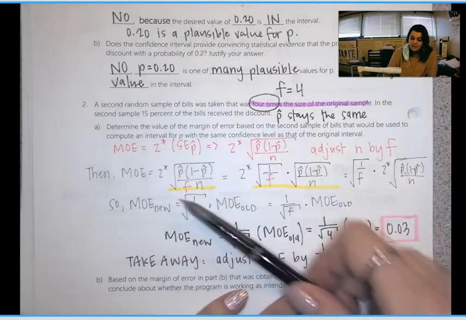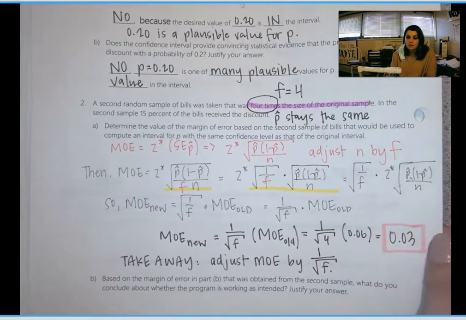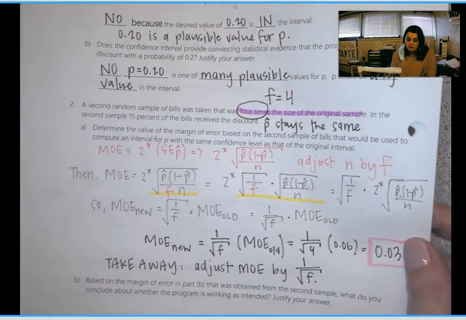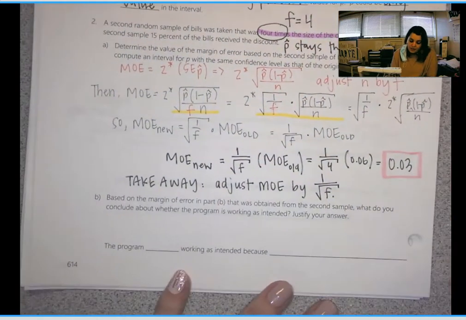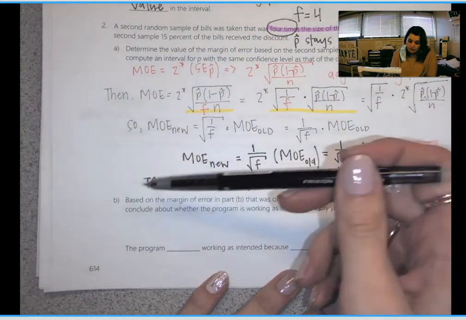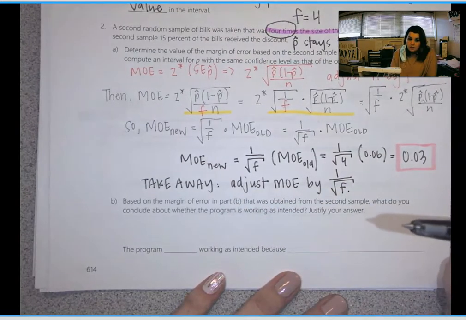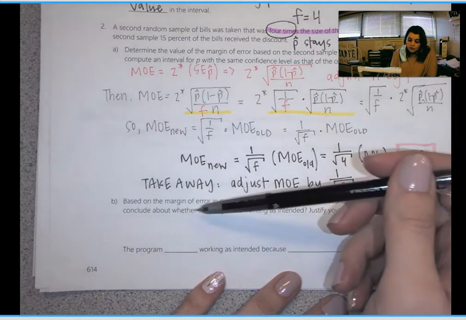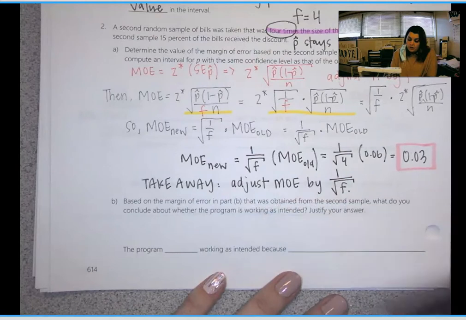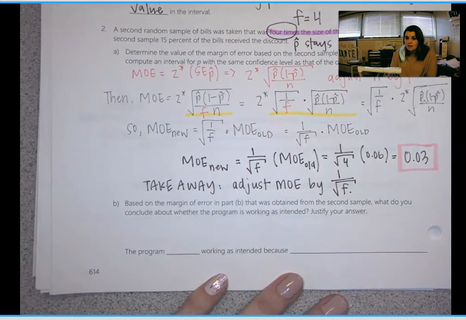So this is a previously released free response problem. Okay, 10 years later, we can actually answer the question. Based on the margin of error in Part B, what do you conclude about whether or not the program is working as intended?